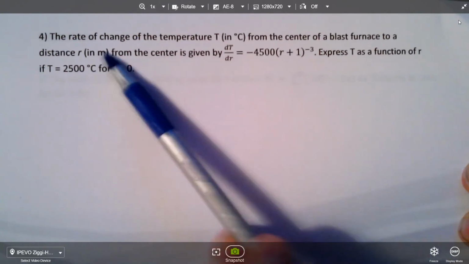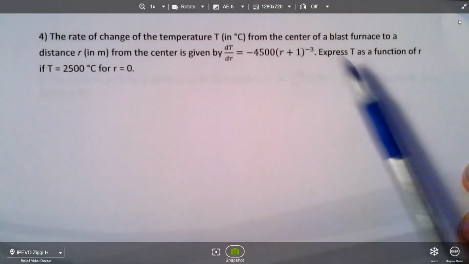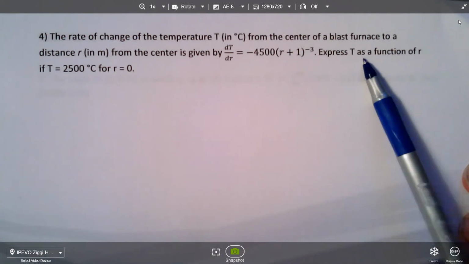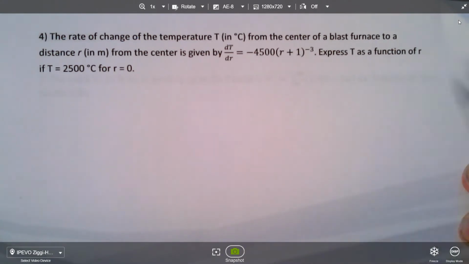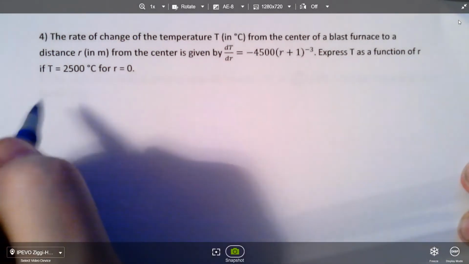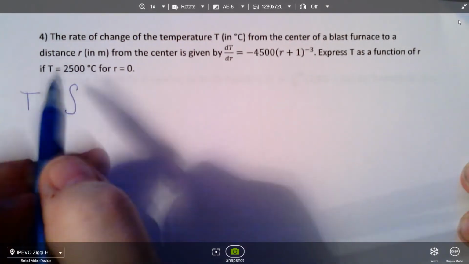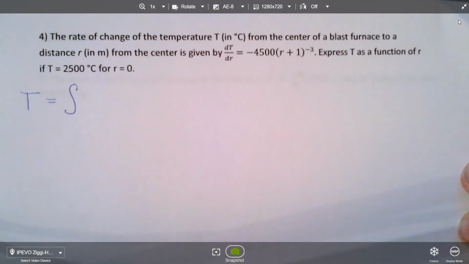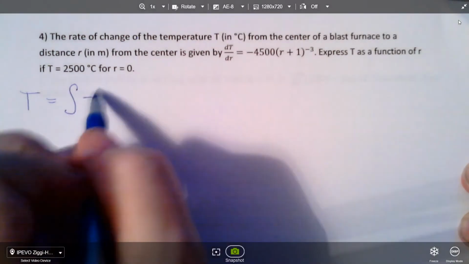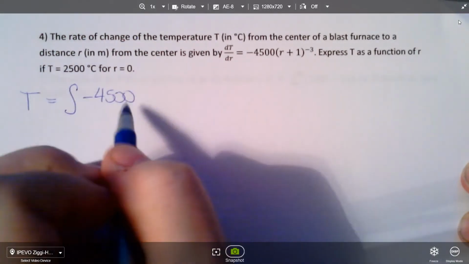So the rate of change is given by this, but I want the initial function. I don't want the slope function, I want the function itself. So that means integration to me. So to get back to my function, if the slope is found by differentiating, the initial function will be found by integrating.